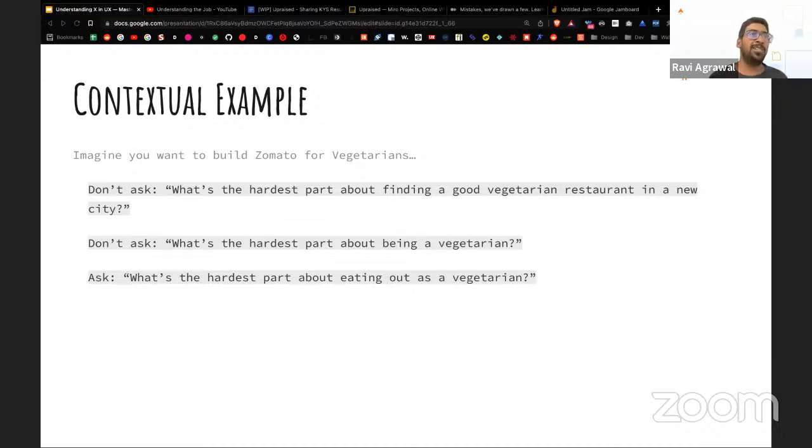Don't ask what is the hardest part about being a vegetarian, because you're attacking the personality of the user there. But ask what is the hardest part about eating out as a vegetarian, and then they will tell you what they really fear, or what are the struggles that they're going through, right?